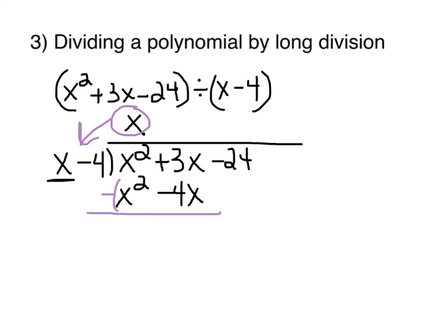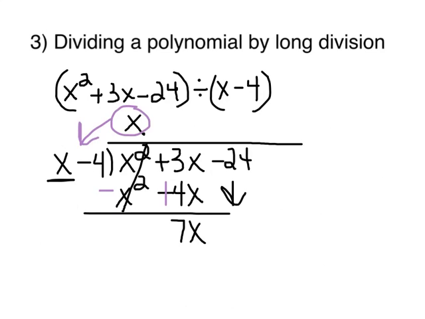But we have an expression that we're subtracting, so we will have to take this negative sign and distribute it to our expression x squared minus 4x. So this will become a negative x squared, and this will become a positive 4x. x squared minus x squared will cross off, and we'll have 3x plus 4x, which is 7x.